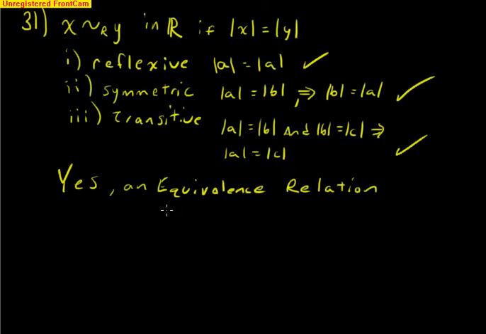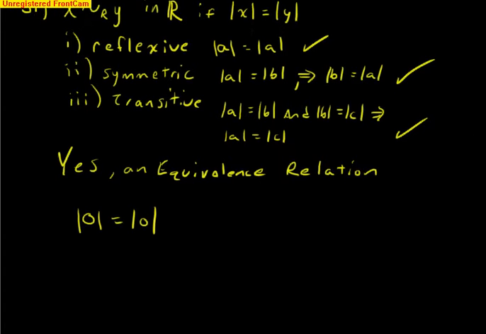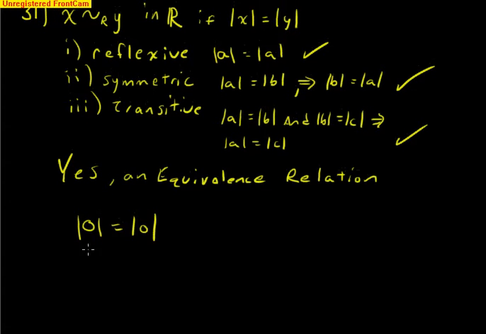If you have an equivalence relation, you're going to get these partitions that are kind of unique to themselves. For example, in this one right here, if you have the absolute value of 0 equal to the absolute value of 0, this is one single entity. How can I say this? Hard to describe.